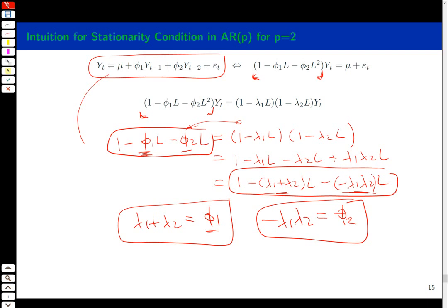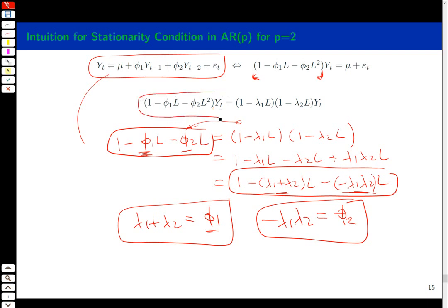So this is just algebra, and people have asked what are lambda 1 and lambda 2? Well, we want to rewrite 1 minus phi 1 L minus phi 2 L squared, we want to factor it out. This just goes back to your school level algebra: we want to find these roots.